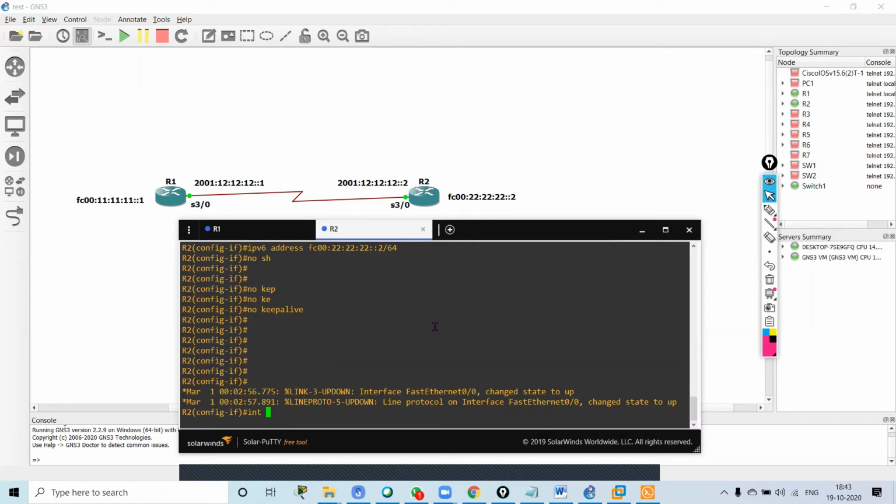When you are not connecting any physical link, on the LAN side. Yes. On the WAN side, we are already connected, right? That is the reason I'm not giving no keepalive. Okay.